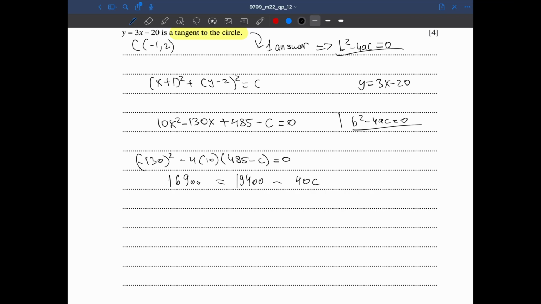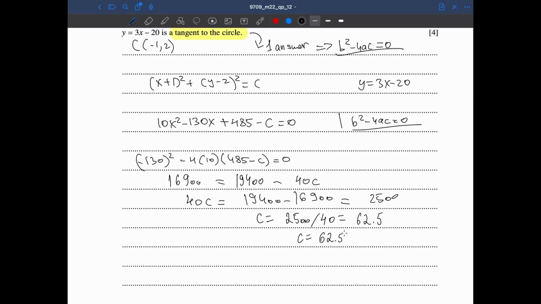So from this, we can find that 40c is 19,400 minus 16,900, which is 2,500. So c is going to be 2,500 divided by 40, which is 62.5. So we got c equals 62.5.